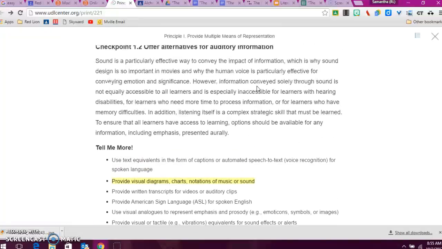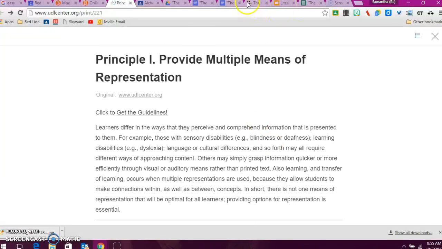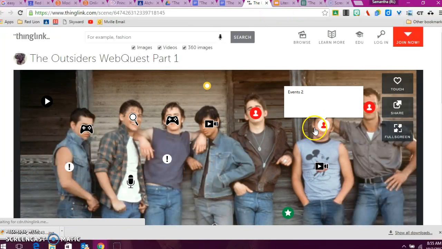Don't just type it for them, but actually show them what they are learning about. So that's something that I felt like was definitely present here.